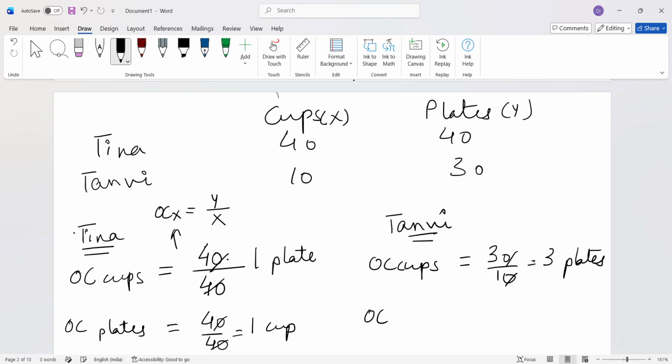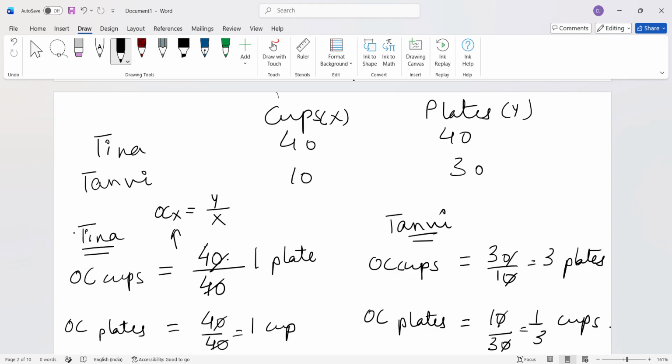And opportunity cost for plates for Tanvi would be just the reciprocal of this, or you can also say X by Y, that would be 10 by 30. So it would be 1 by 3 cups. So for Tanvi, if she has to produce one cup, she is sacrificing 3 plates. And if she is producing one plate, then she has to sacrifice 1/3 of a cup.